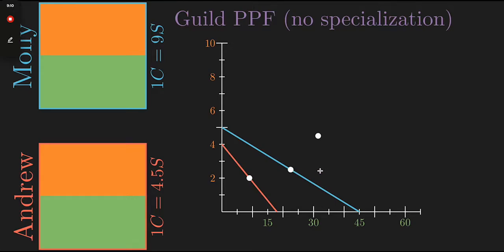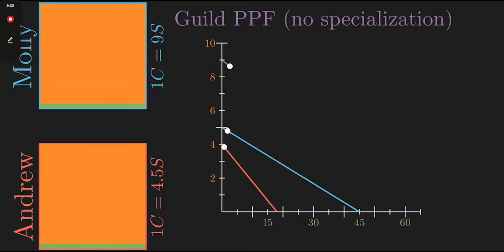So we move out here, and that gives us this new guild PPF point when the guild is splitting their land half and half. So that's the requirement. The guild is a super farm where they're splitting their land in the same ways.